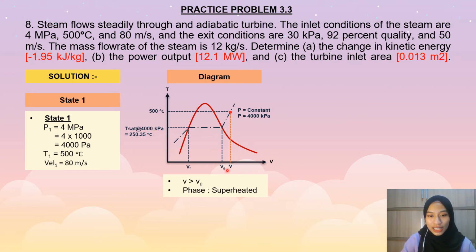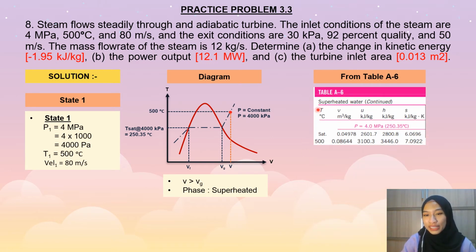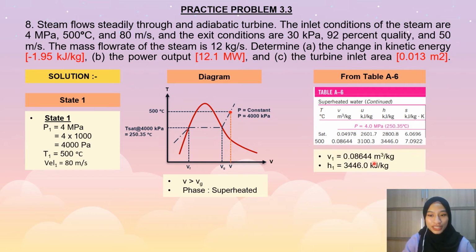Next, the v is also more than the vg. To get the other values, we can use the superheated table, which is table A6, and we get v1 equal to 0.0864 meter cube per kg, and h1 is 3446.0 kilojoule per kg.